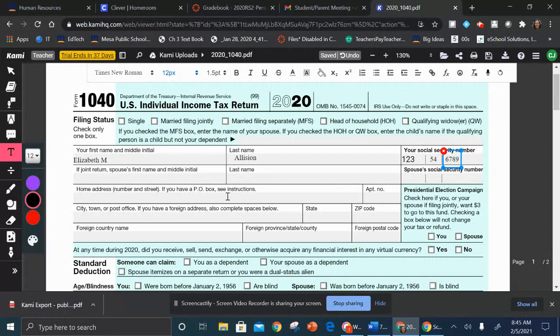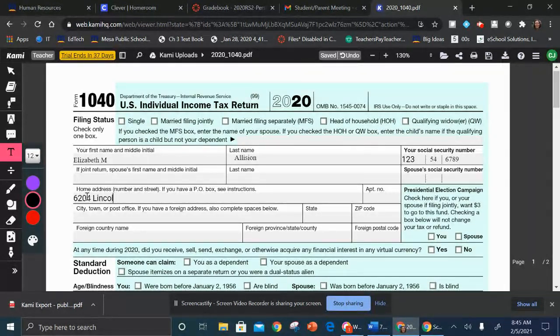Obviously, this is for joint return if she was doing that, and then her home address, everybody. She lives on Lincoln Street. It's in Philadelphia, Pennsylvania.